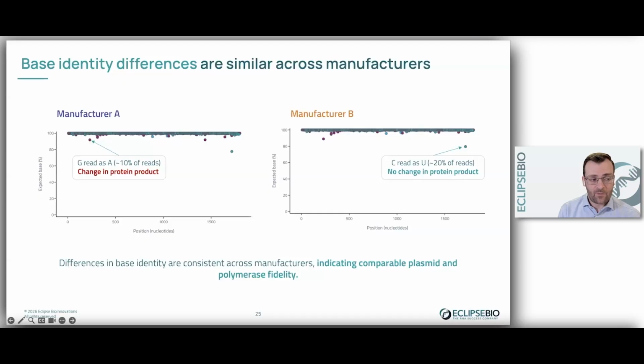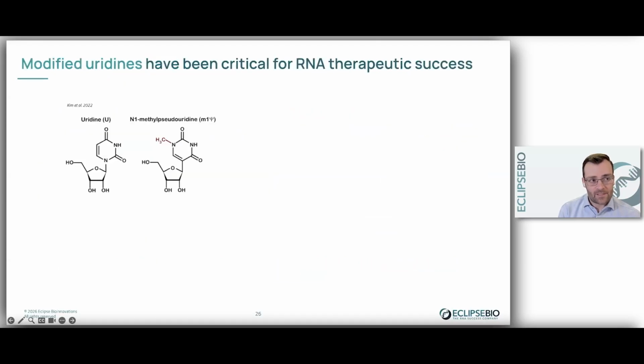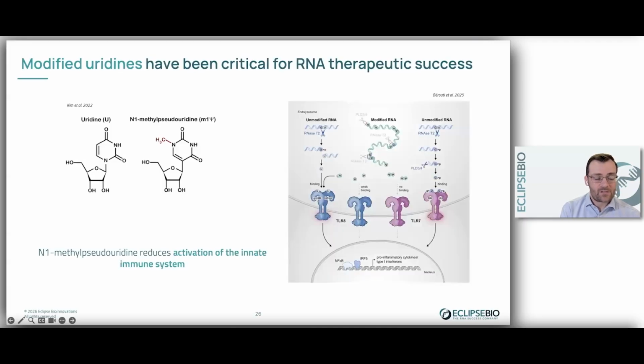This was specifically with unmodified bases, though. What historically has been a challenge with nanopore-based sequencing is looking at modified bases. So this is related to N1-methylpseudouridine, a base modification that really enabled the success of the COVID-19 mRNA vaccines, because the incorporation of this base leads to a drastically reduced activation of the innate immune system.